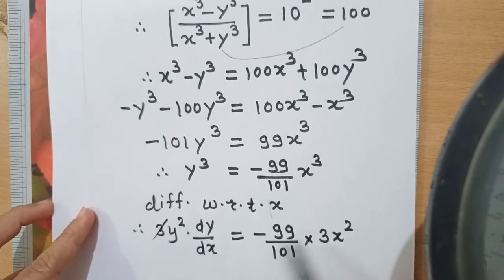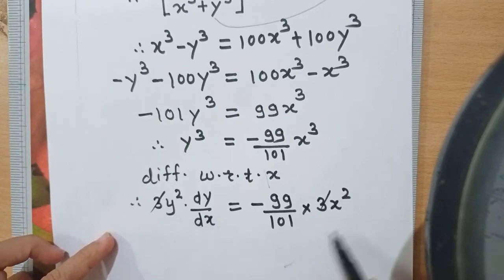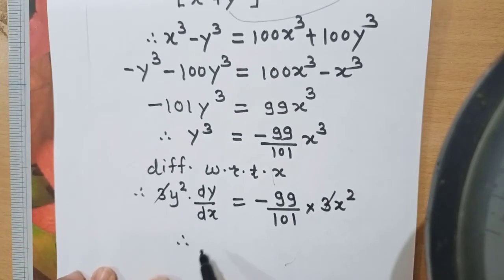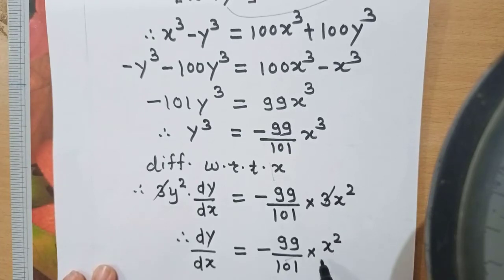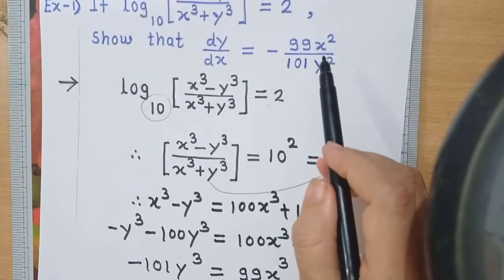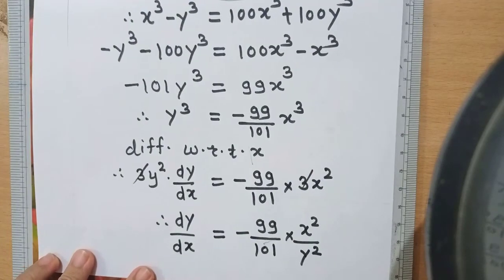Now from both sides this 3 gets cancelled, and move this y square here. Therefore dy by dx is equal to minus 99 upon 101 into x square upon y square, which is expected. Check again. Thus we have got the final answer.